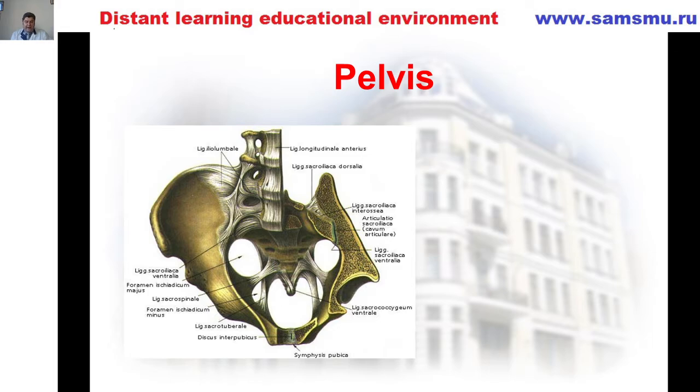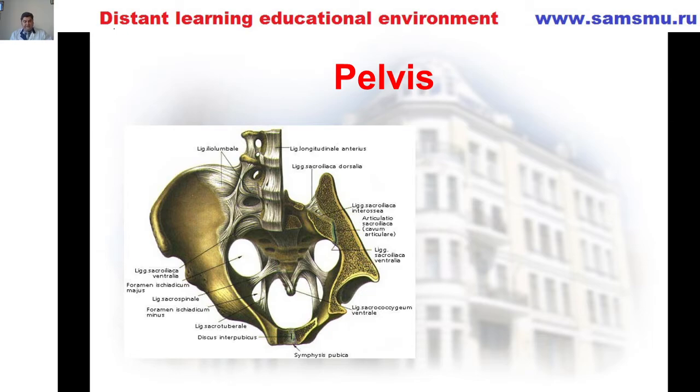It's called so by Lesshaft. This key is strengthened by the interosseous sacroiliac ligaments, ligamenta sacroiliaca interossea. You may see this ligament here. This ligament stretches in the form of short bundles between the iliac tuberosity and the sacrum. They are the strongest ligaments in the human body. They serve as an axis on which movement at the sacroiliac joint occurs.